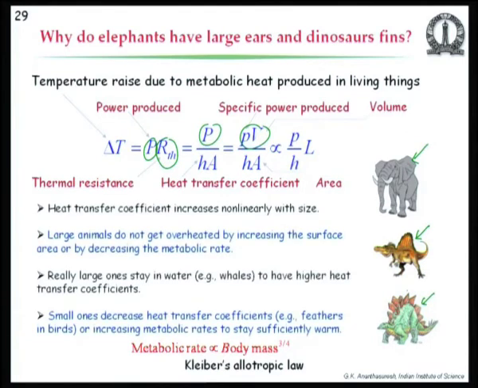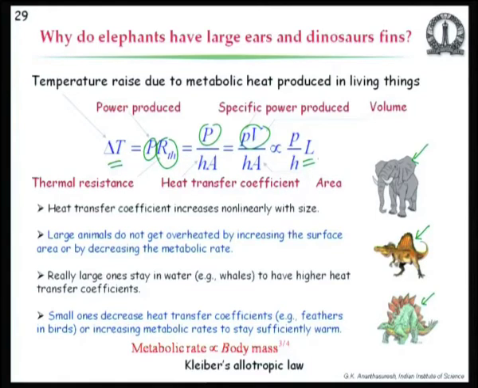This heat transfer coefficient in animals increases actually non-linearly with size. Here with our simple relation based on the temperature rise we said it is linear, that is not true in practice. We have to take all this modeling more carefully to see how it varies. Large animals have larger surface area in the form of ears and fins and other body features to keep them cool, but small animals have the other problem.